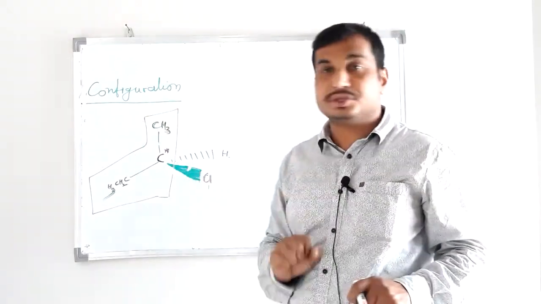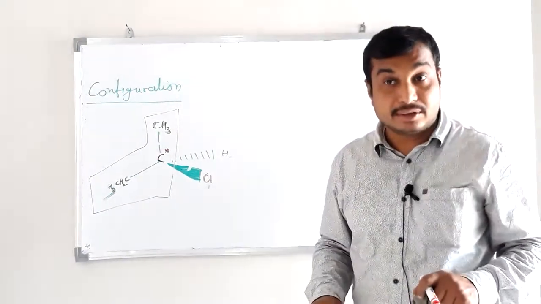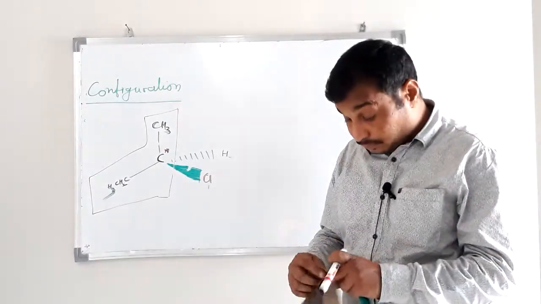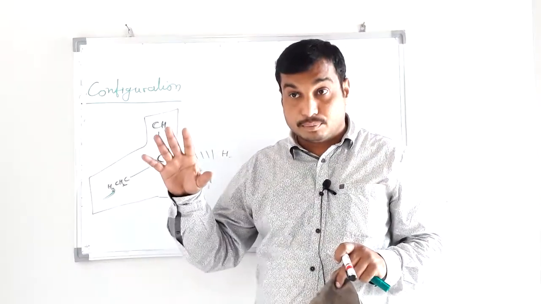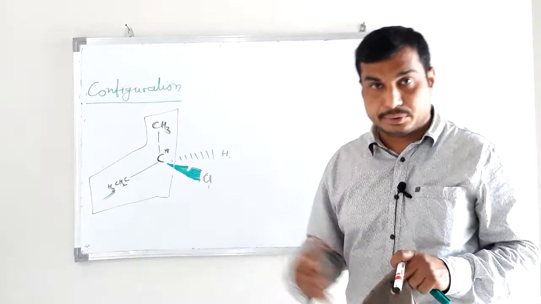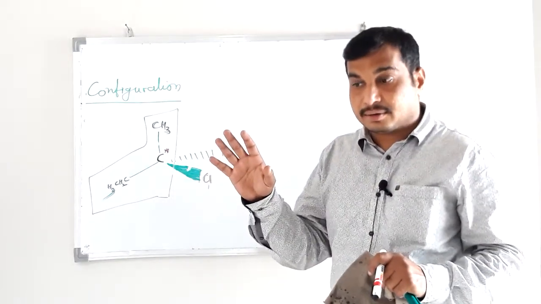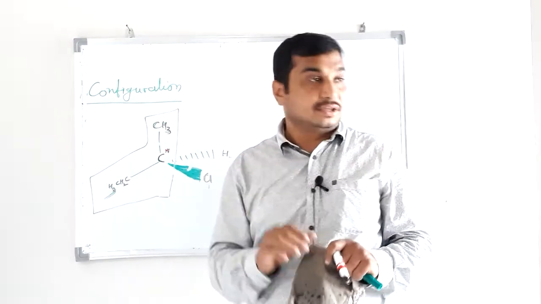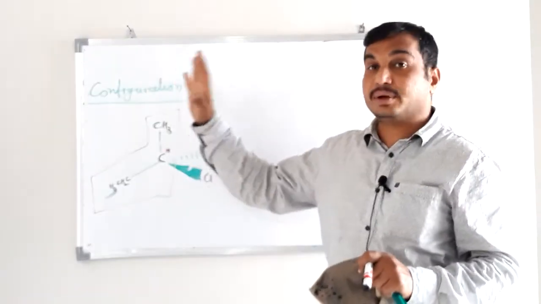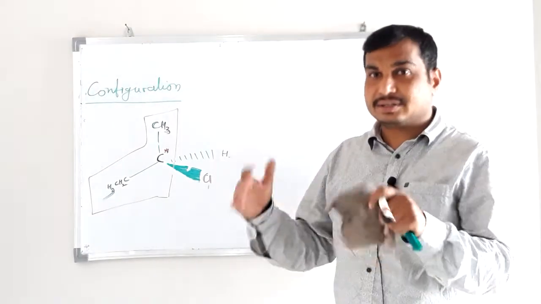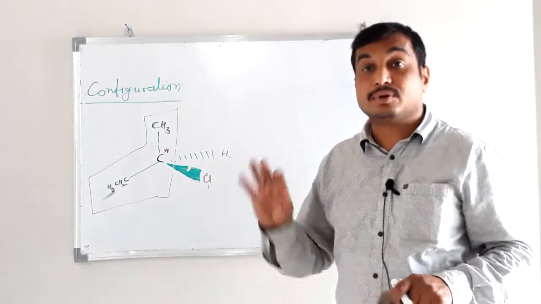We have to fix the position. That process is called configuration. To determine the configuration of an organic molecule especially, there are certain methods or procedures or some standard chosen for this determination of configuration.